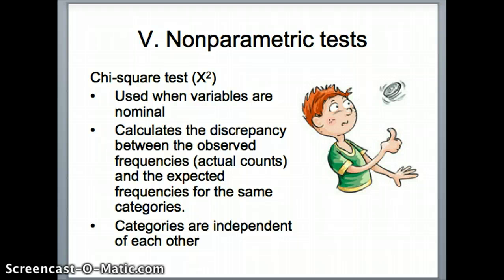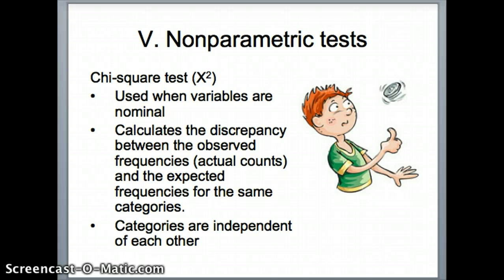In theory, it should be 50-50, in and around 50% heads, 50% tails, plus or minus a little bit. Then you would calculate the expected frequencies for those categories. And you would see, do your observed counts differ from what you would expect based on probability alone?